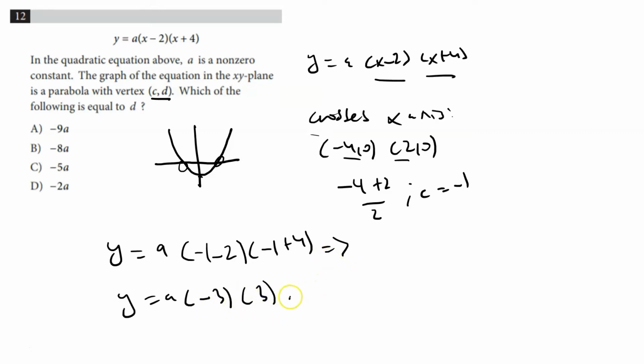Multiplying this all together, we have that y equals -9a. And like we said, d is y in this case because c was x, so d equals -9a. Answer choice A is correct.